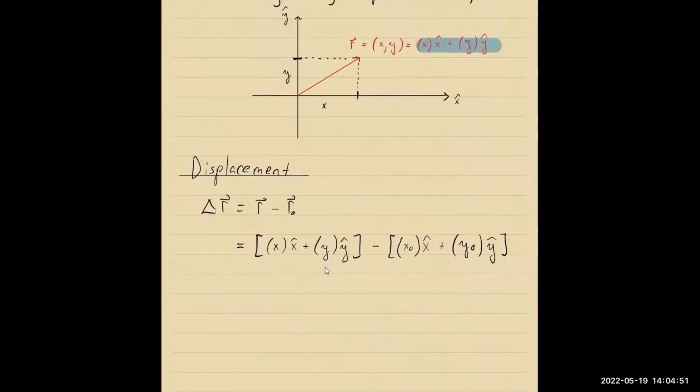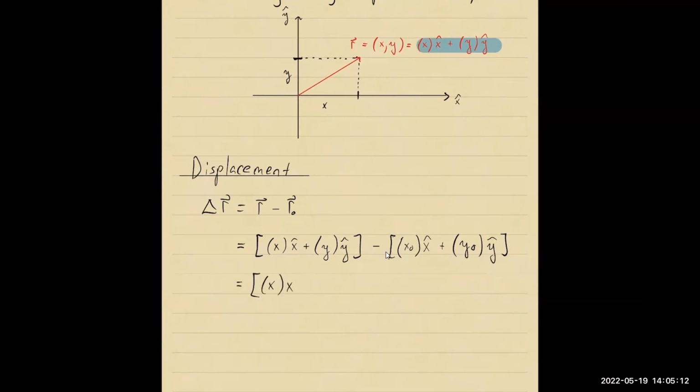Right. And so if you remember what we did in the first lecture, in order to subtract two vectors from one another, we just take this minus sign and we treat it as a plus times -1. This is going to be equal to the vector r, the final position.